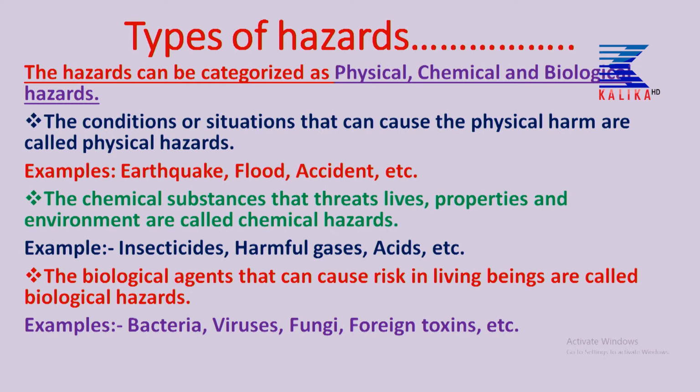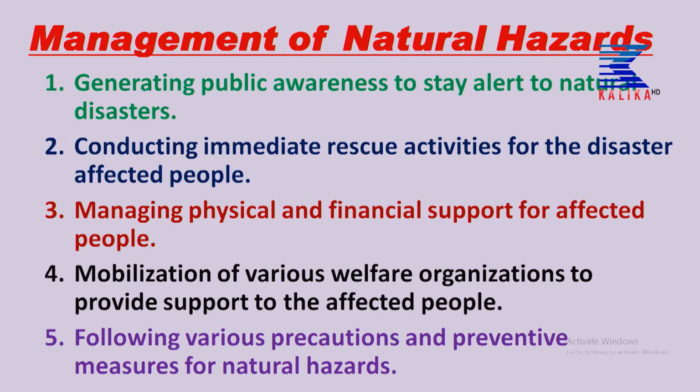Hazards caused by living microorganisms, for example, bacteria or viruses. These are some examples of biological hazards: bacteria, fungi, foreign toxins, viruses, etc. COVID-19 is an example of a biological hazard. Likewise, cholera is an example of a biological hazard.